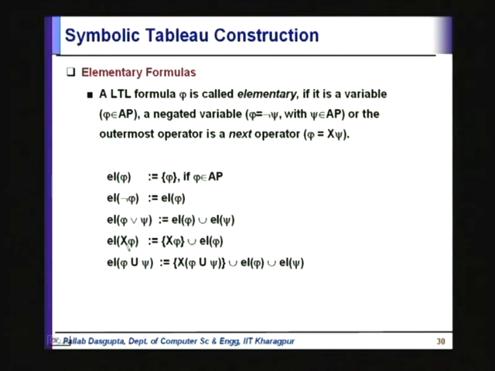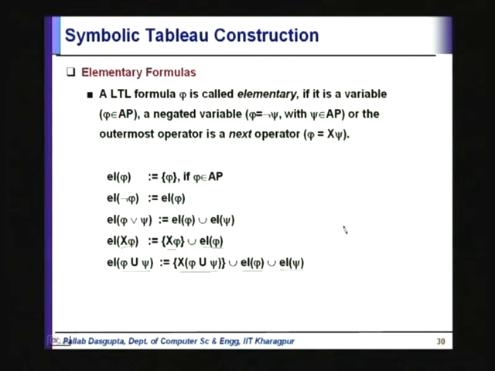For a formula of the type X var phi, the elementary subformulas of X var phi are X var phi itself, union the elementary subformulas of var phi. Then the elementary subformulas of var phi until psi are this one, union the elementary subformulas of each part.